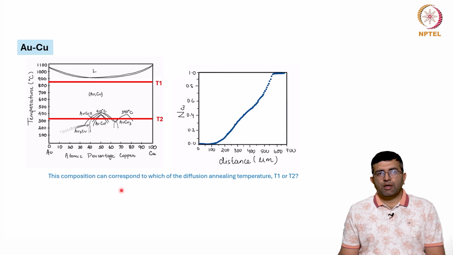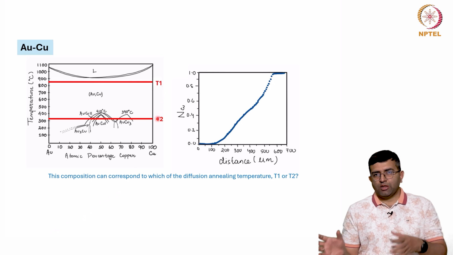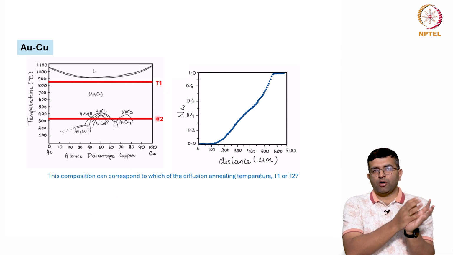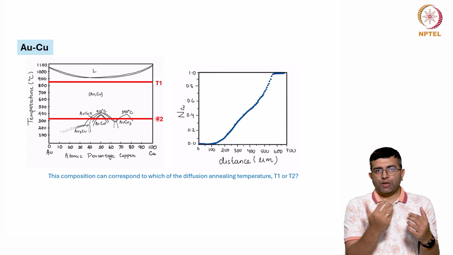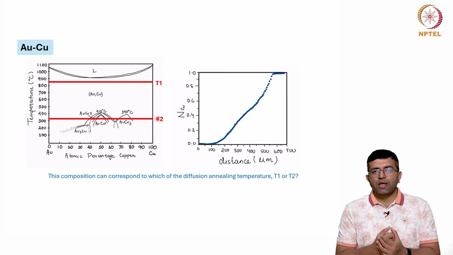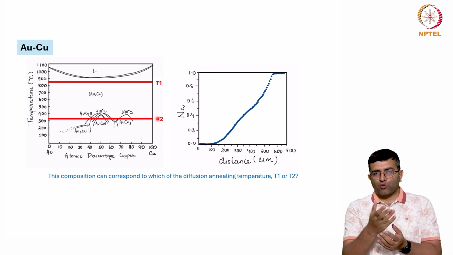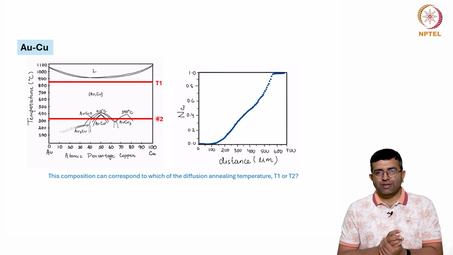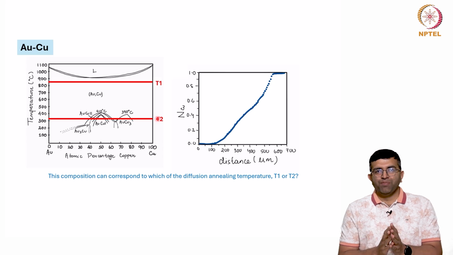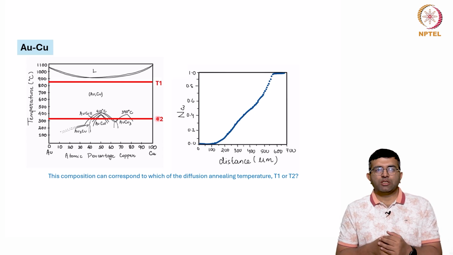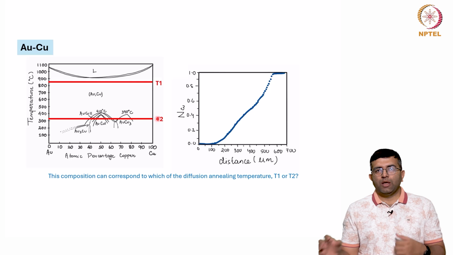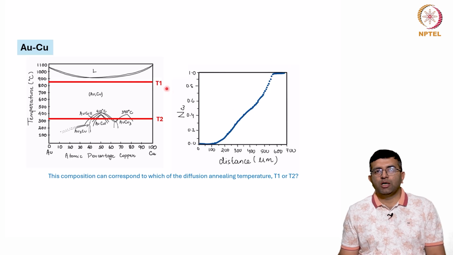Based on the previous lecture, the fundamentals of drawing this composition profile, can you take a guess? Of course, the answer follows in a few seconds, but take a moment to guess whether such a composition profile would correspond to T1 or T2.